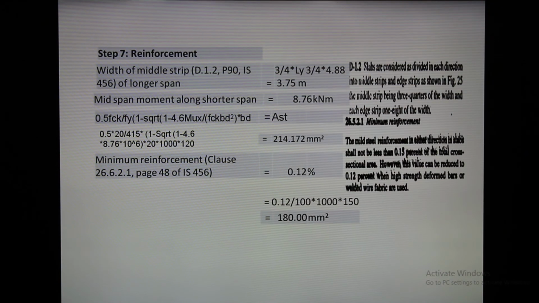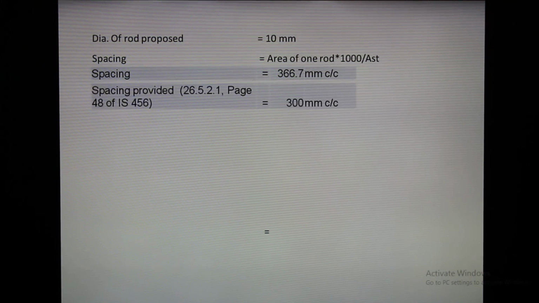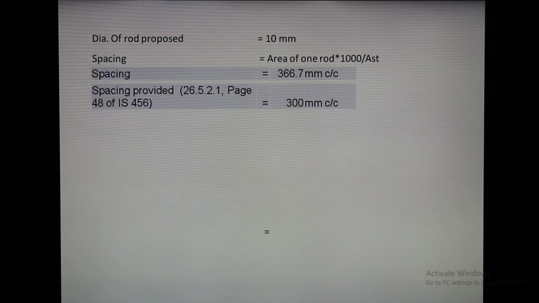We are getting 180 mm square, but Ast provided is 214.17 mm square. Diameter already we have assumed as 10 mm. Spacing of the rod now we have to calculate. So area of one rod into 1000 divided by Ast, that gives 367 mm center to center. But spacing should be limited to whatever is given in the IS.